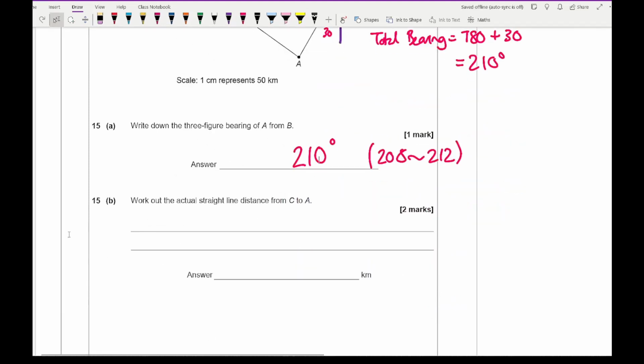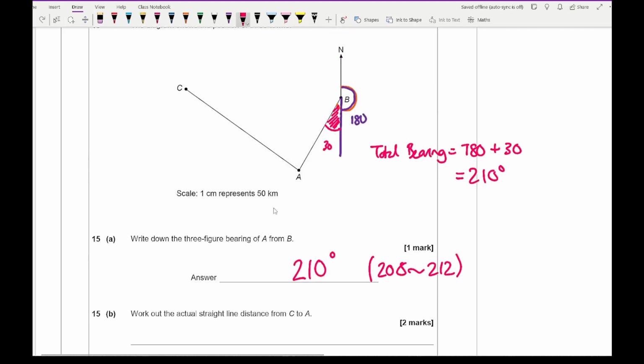Moving on to question 15b, it says work out the actual straight line distance from C to A. So we need to measure this line here with a ruler, and if I do that correctly, I make this out to be roughly 7 centimeters.